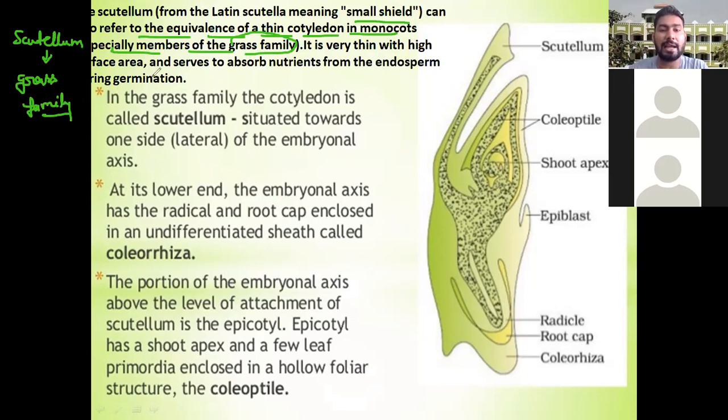It is very thin with a high surface area and serves to absorb nutrients from the endosperm during germination. In the grass family, the cotyledon is called scutellum.